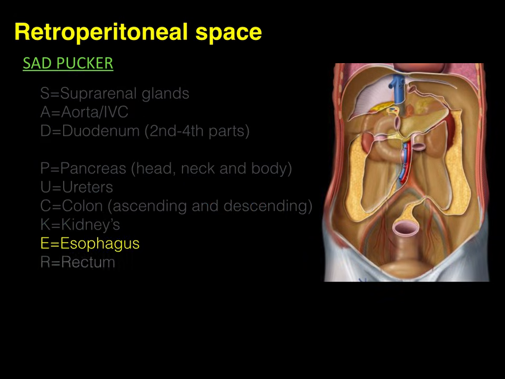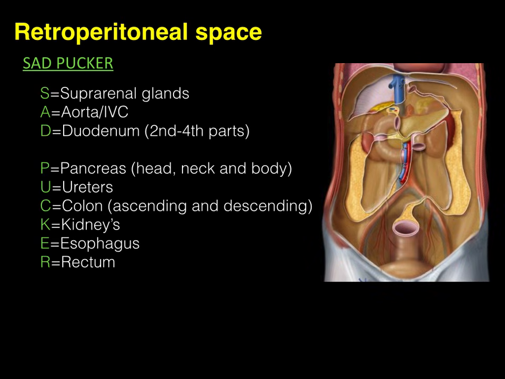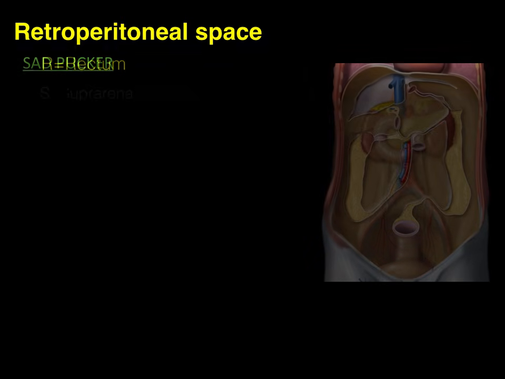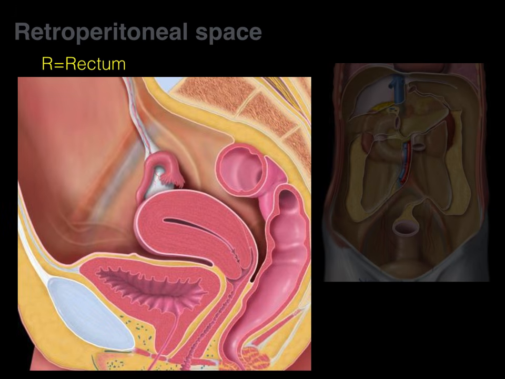All right. Next, we've got our esophagus, and the esophagus comes in through that esophageal hiatus in the diaphragm, and it is retroperitoneal and then very quickly becomes intraperitoneal when it enters the cardia of the stomach. And then finally, the rectum. And so this picture that you see here does not show it. So let's add this sagittal section through the pelvis of a female.